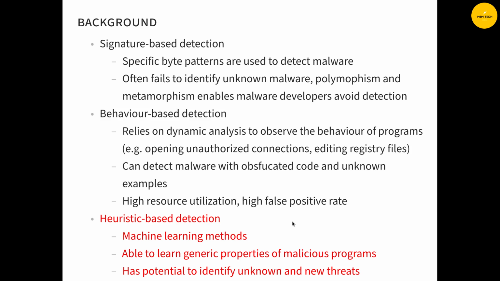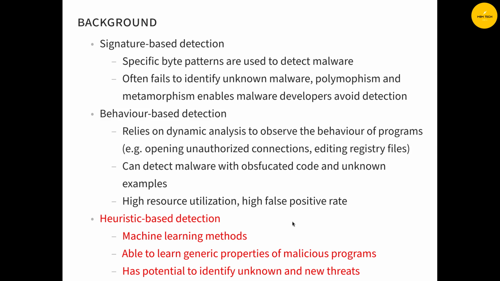But it has a couple of problems. It's quite expensive to do this and to constantly monitor what all software is doing. And it also has a high false positive rate because many of the things that malware does are done by regular applications. So it's not as precise or as accurate as signature-based detection.